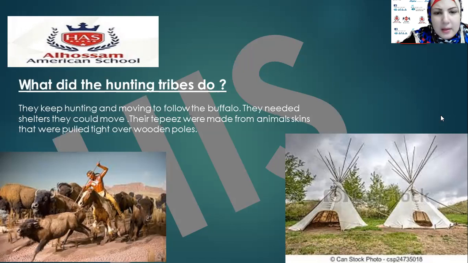Made from a wooden what? No, made from animal's skin. Animal skin. Yes. Okay. They were made from animal's skin. Let's move. Any question in this part before we move?